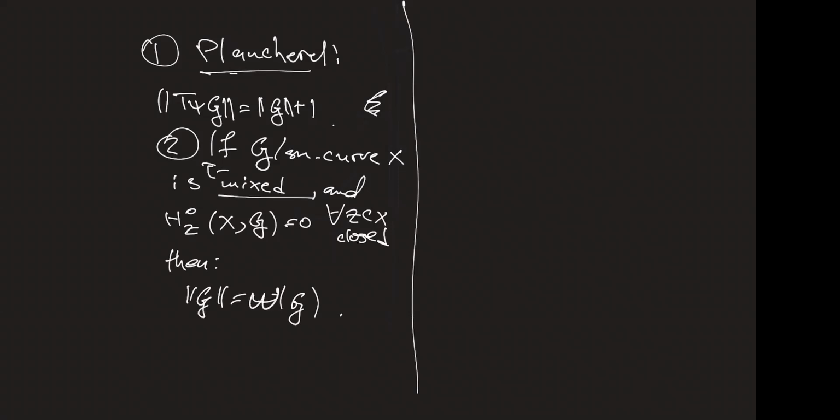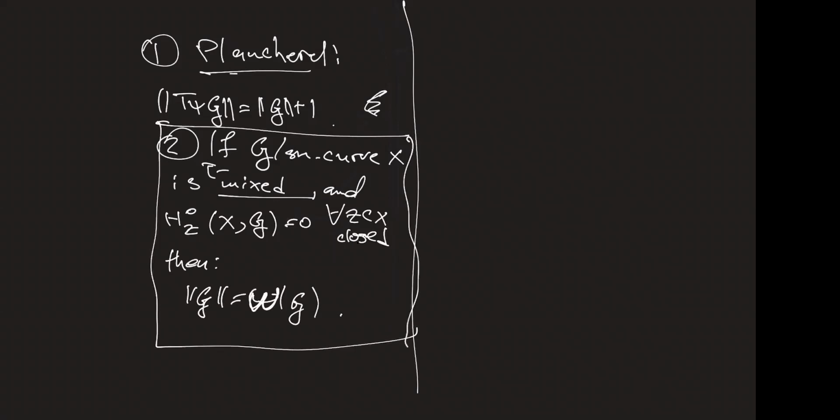Again, I'm going to completely black box this. I don't understand this statement very well. I believe it had something to do with some analytic properties of various zeta functions, but I'm just going to use this.